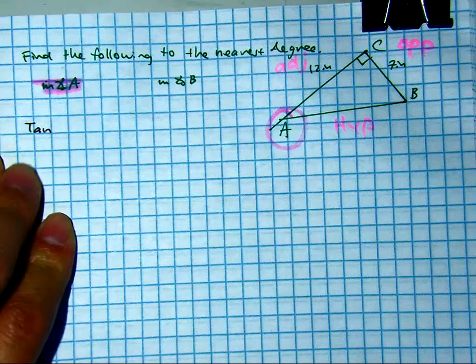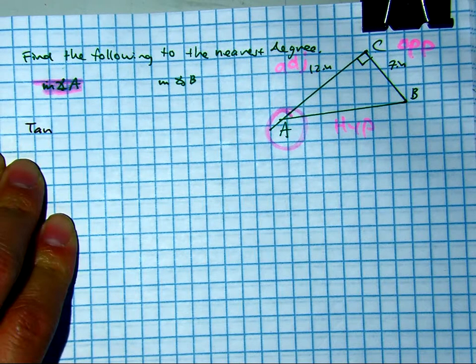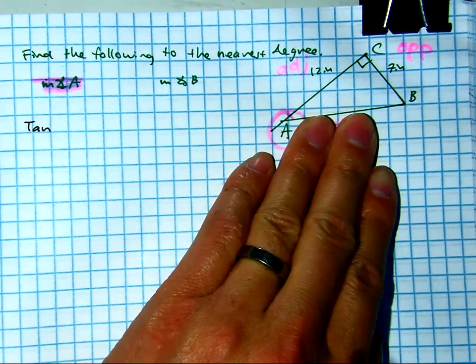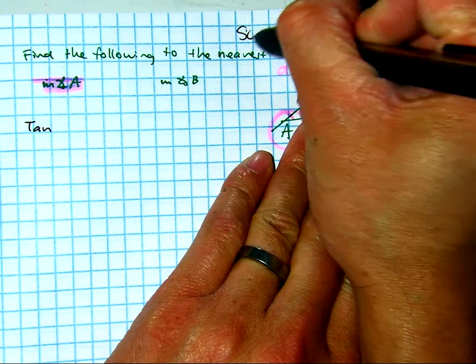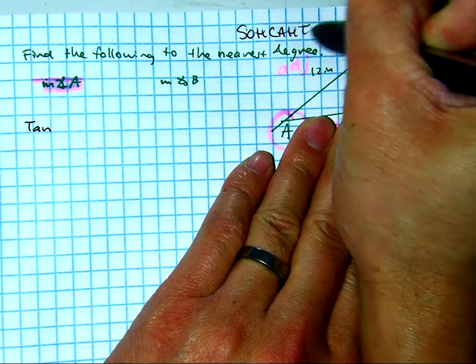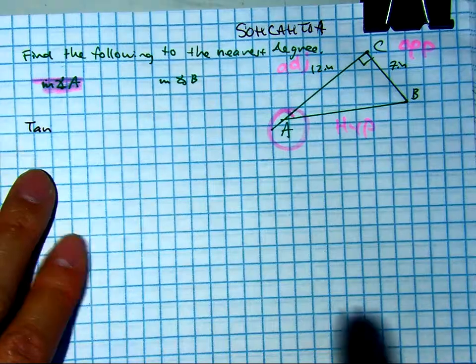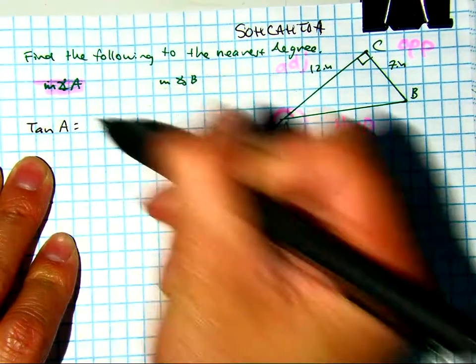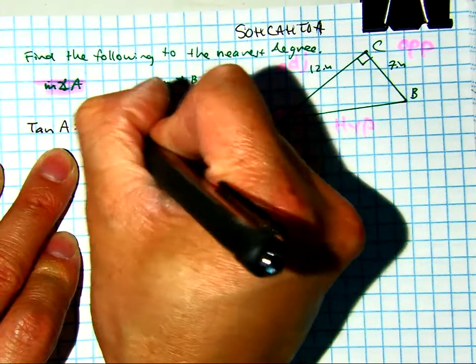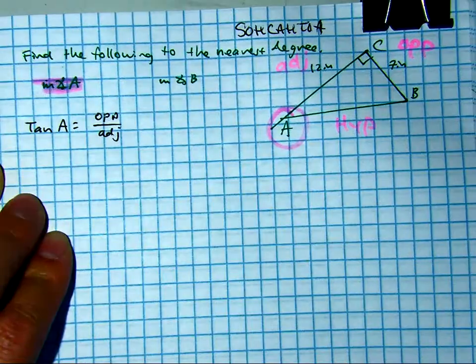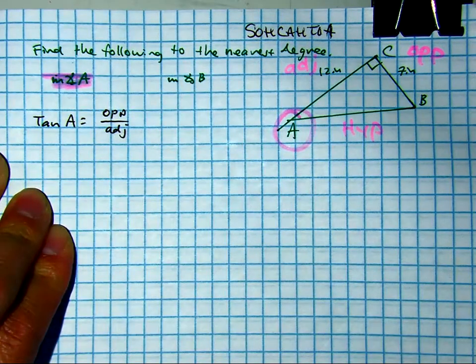There's your TOA from SOHCAHTOA. Okay? So tangent of the angle A equals opposite over the adjacent. And then we just do our substitutions. Tangent of A equals 7 over 12.